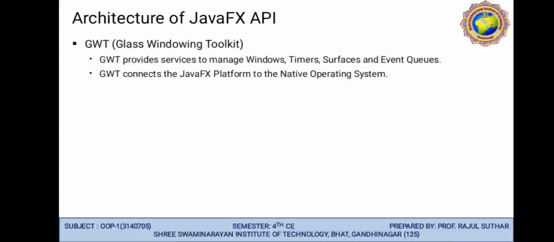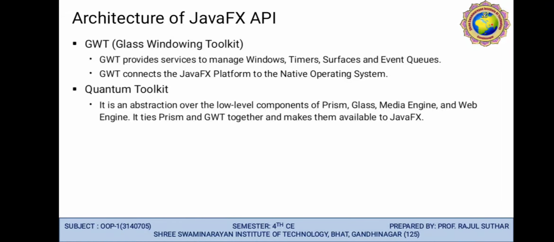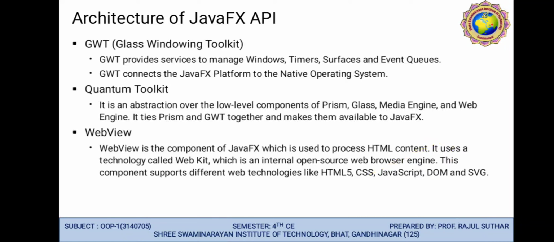The Glass Window Toolkit is present at the lowest layer of the JavaFX graphics stack. It is responsible for managing the native operating system, such as managing windows, timers and surfaces. Then the Quantum Toolkit is an abstraction over the lower level components Prism, Glass, Media Engine and Web Engine. It ties Prism and GWT together to make them available to JavaFX.